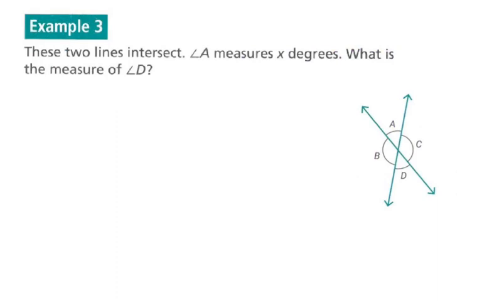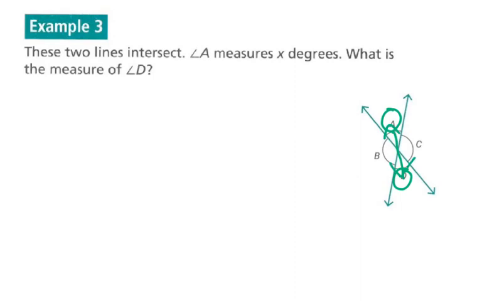Now, here on example 3, it says these two lines intersect. Now, all intersect means is that they cross each other. Think of an intersection of a road. So these lines intersect. Angle A measures x degrees. What is the measure of angle D? Now, you'll see we have angle A right here and angle D right here. Look, they are across from each other.